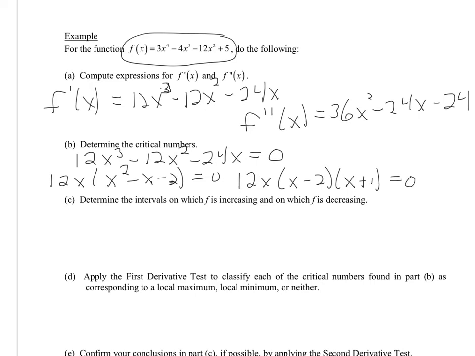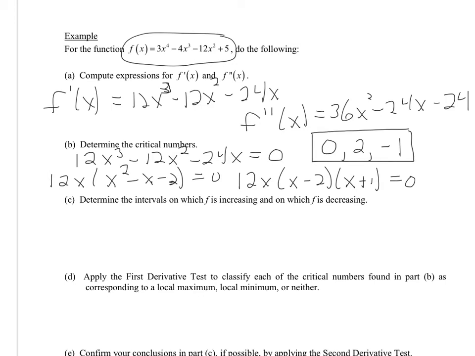And so the critical numbers are 0, 2, and negative 1. Okay, so that's something you should already have known how to do.